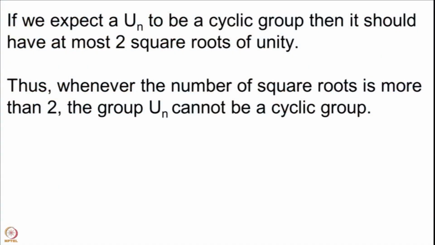Whenever the number of square roots of 1 is more than 2, then the group UN cannot be a cyclic group. So, what we are going to do is look at all UN and take away the UNs which are never going to be cyclic, because we have computed the number of square roots of 1 in all Z by nZ.